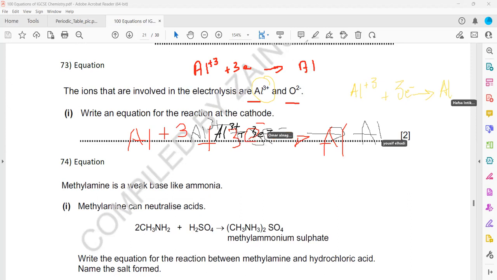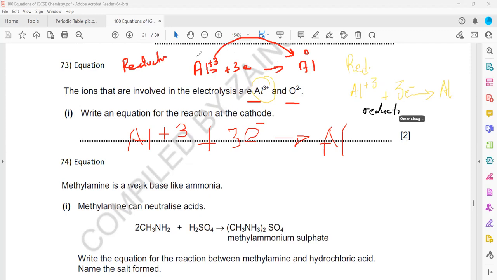Is this change oxidation or reduction? Reduction, because it gains electrons. You can identify it like this: the charge +3 becomes 0, so the charge has reduced. If the charge is reduced, that is reduction, and at the cathode, reduction always happens.